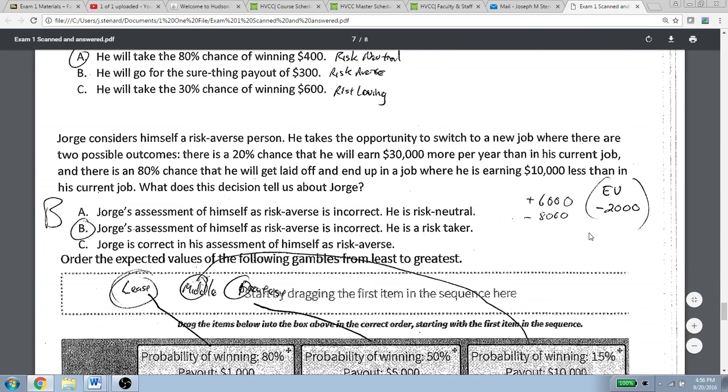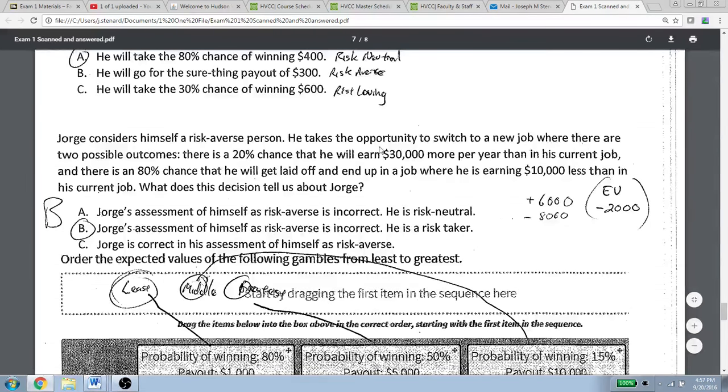Well, if we evaluate this, there's a 20% chance of $30,000 more, so that's a positive $6,000 value, and an 80% chance of losing $10,000, so that's an $8,000 negative expected value. Plus $6,000 and negative $8,000 yields an overall expected value of the new job as being $2,000 less than the other one.